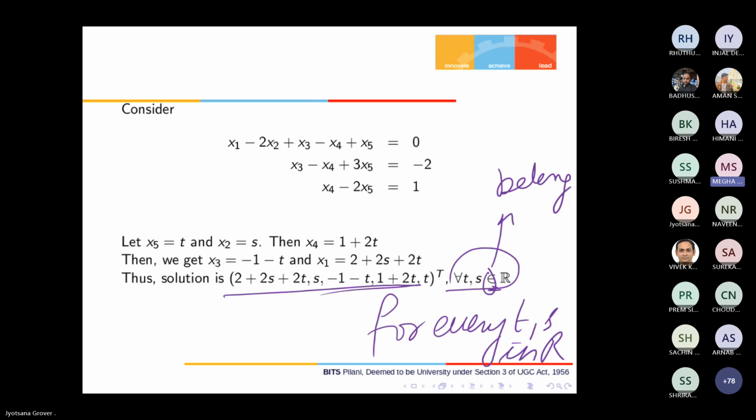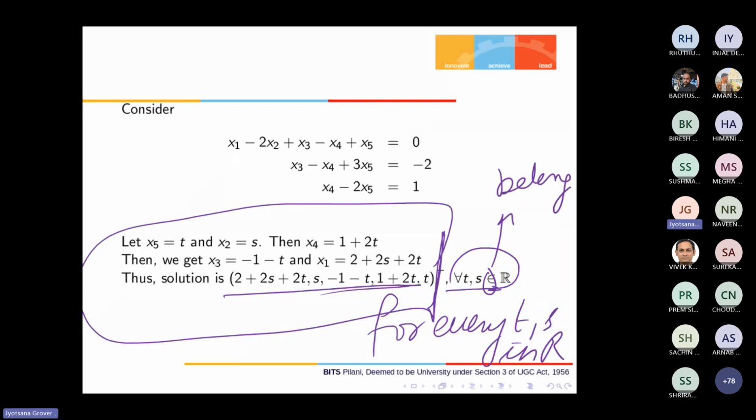Ma'am, do we also have to mention this belongs-to thing when we solve it on paper, or can we just end with the equation values? People will ask, what is s and t? Where are they coming from? So you have to write it.